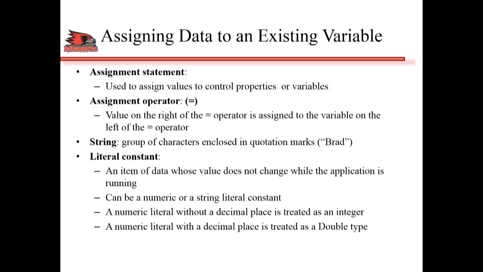And for constants, if you don't define what kind of data type it will be in your declaration statement, then if the number does not have a decimal place, like a whole integer such as 79, it will be treated as an integer, just because it requires less memory. If it has decimal points, it will be treated as a Double.